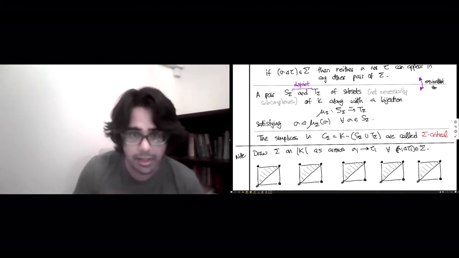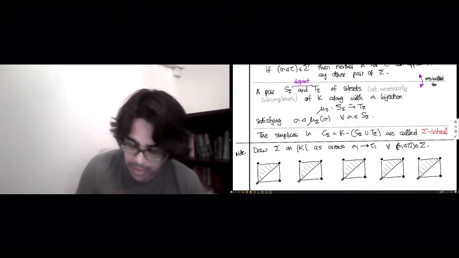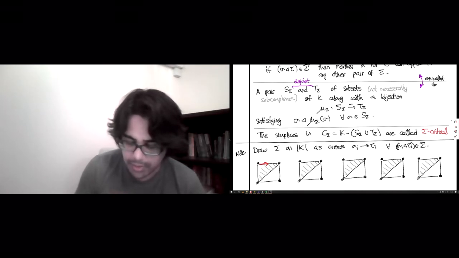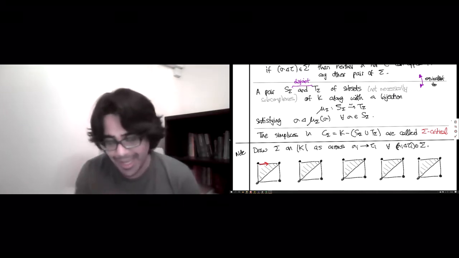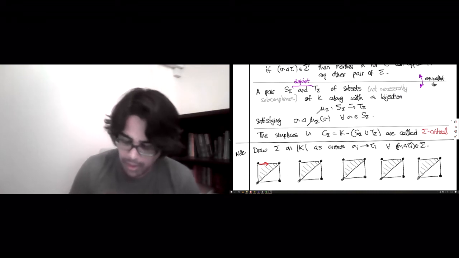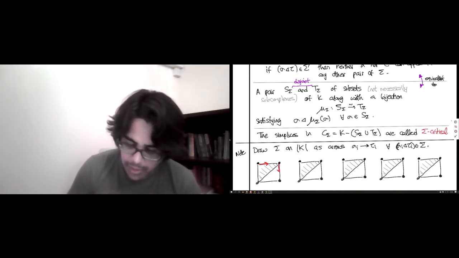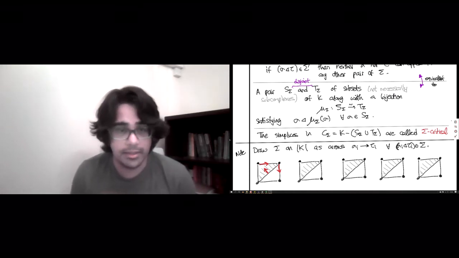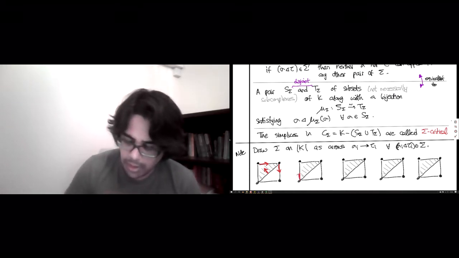You can take this in the first of the 5 pictures. You can take this vertex, match it with that edge. So this vertex is a sigma. The edge is its corresponding tau. And similarly, you could do that here, and maybe this edge would match with the 2 simplex, and this is perfectly good. Here's another example that's a perfectly good partial matching.